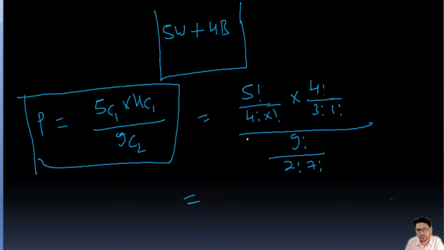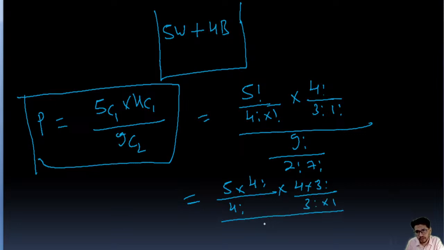We'll solve it. We can write 5 into 4 factorial, and 4 into 3 factorial, upon 3 factorial into 1 factorial, upon 9 into 8 into 7 factorial upon 2 into 7 factorial. The 7 factorials get cancelled, the 3 factorials get cancelled.